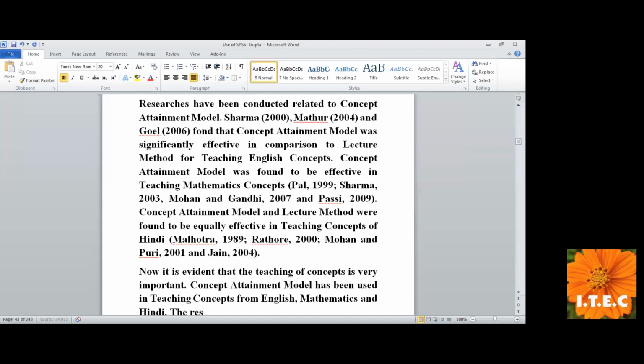But the researches conducted are very less.